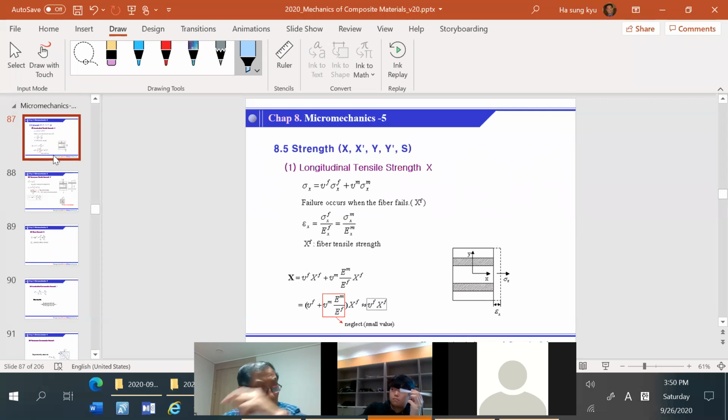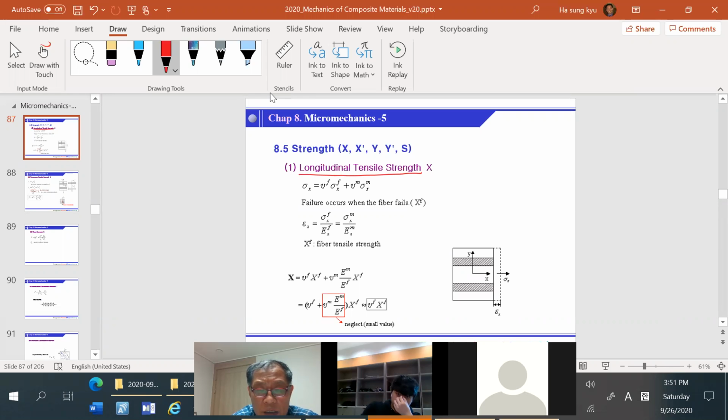To understand this subject, of course, we need to understand a little bit about micromechanics, but we will come back to this one in detail once we cover the proper chapters. But the point is the longitudinal tensile strength, as I mentioned.